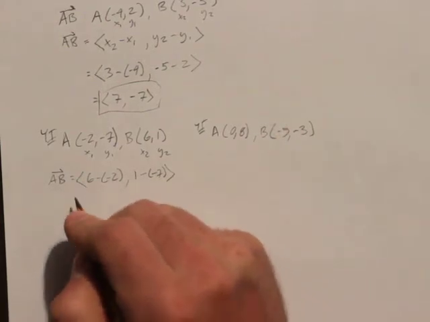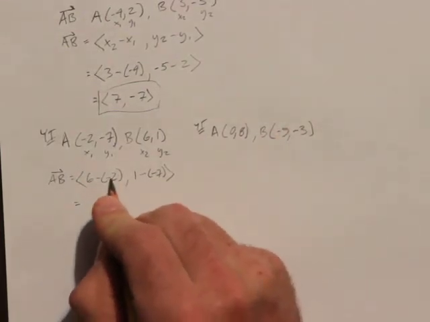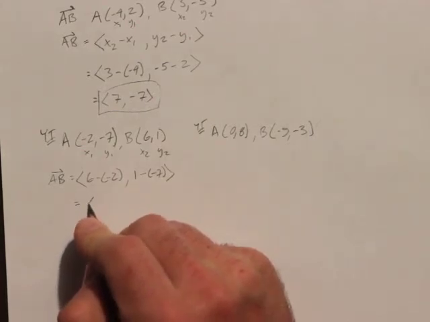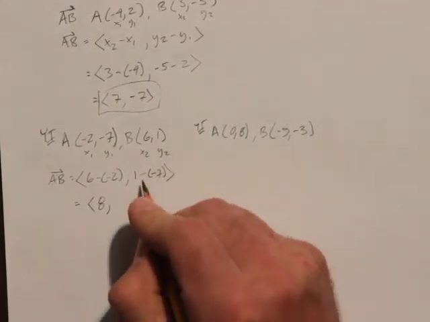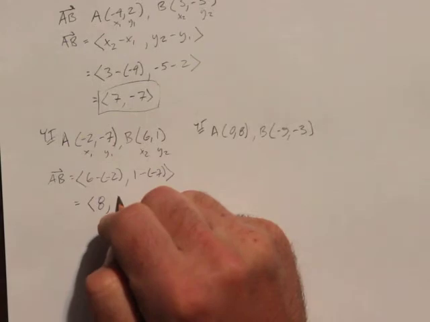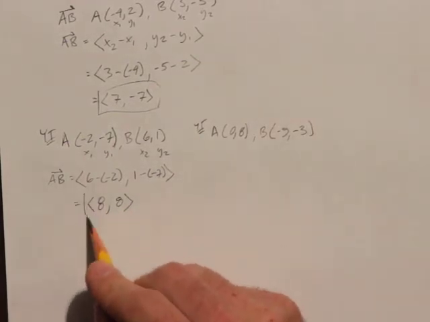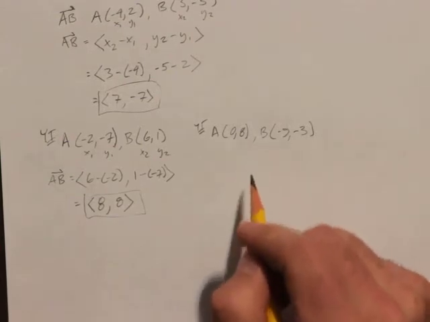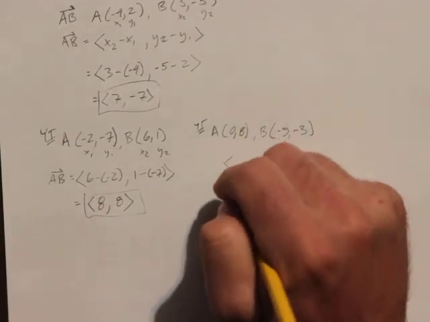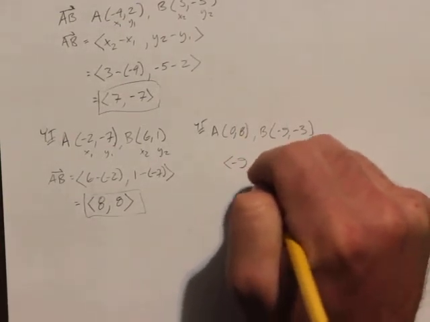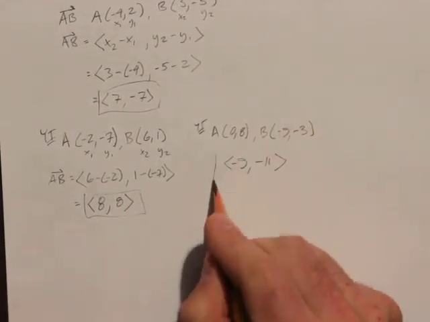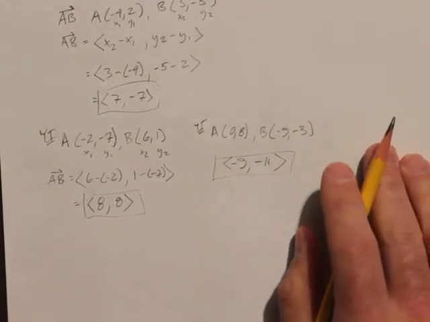And so I end up with 6 minus -2, which is 8, 1 minus -7, which is also 8. And there's your answer for that one. For this one here, you should have gotten -9, -11. Boom.